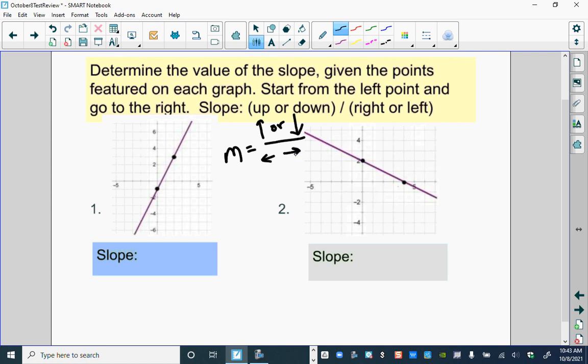So always start from the point on the left. You could start from the point on the right, but I think the point on the left is easier. So this point right here. Go from this first point to the second point.